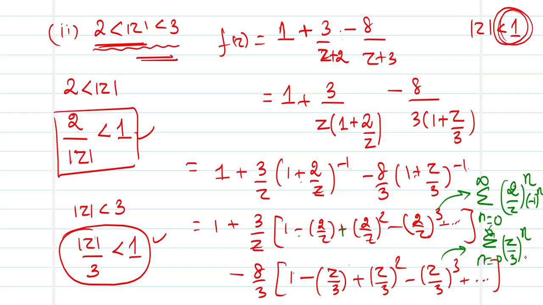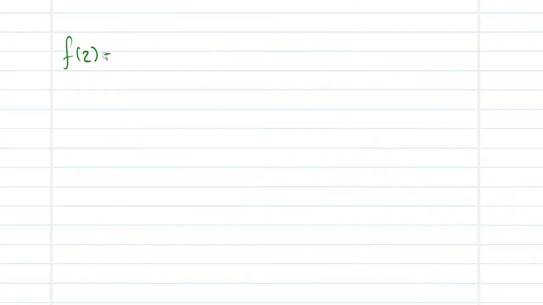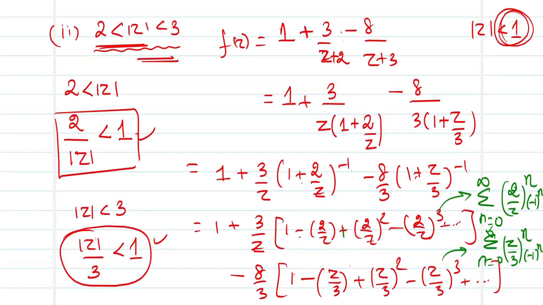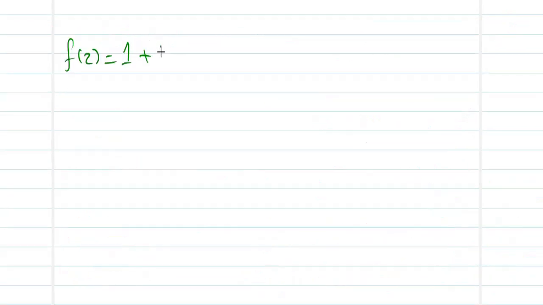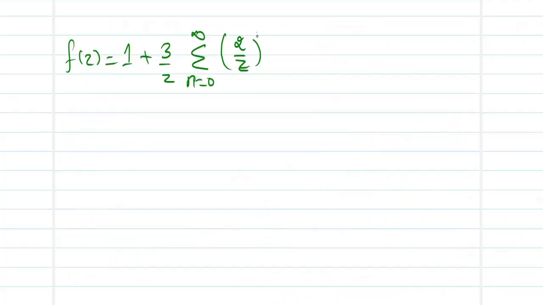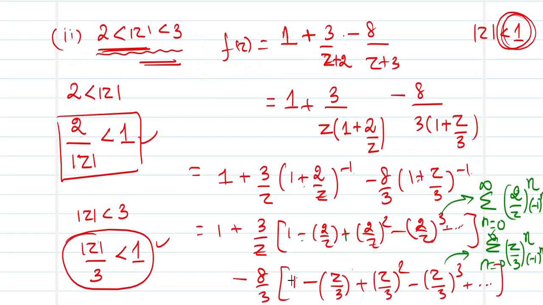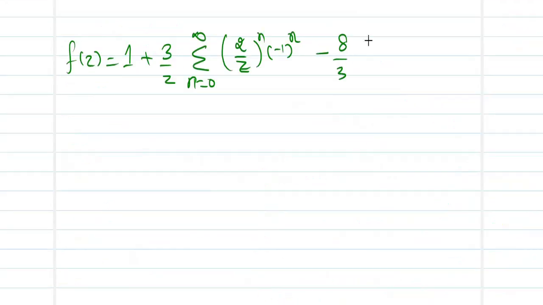Again a positive and negative term, so multiply it with minus 1 power n. Therefore the function f of z is expressed as 1 plus 3 by z times summation n varying from 0 to infinity, 2 divided by z the whole to the power of n into minus 1 power n, minus 8 divided by 3 summation n varying from 0 to infinity.